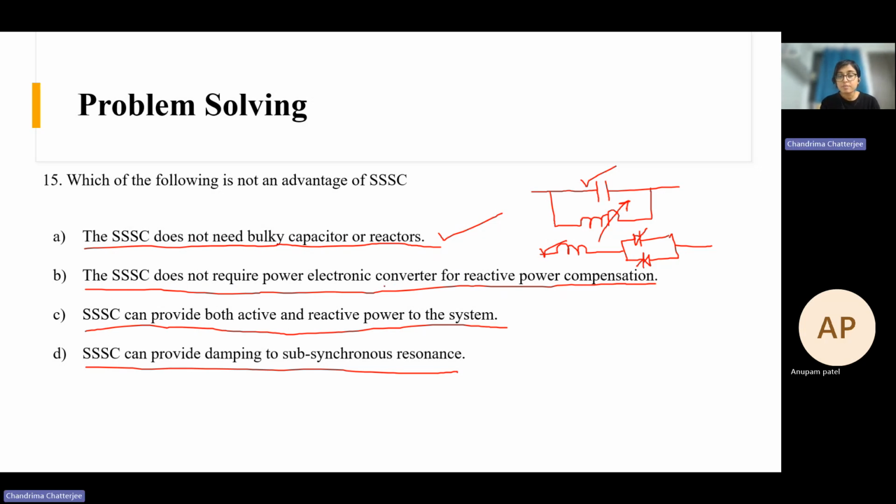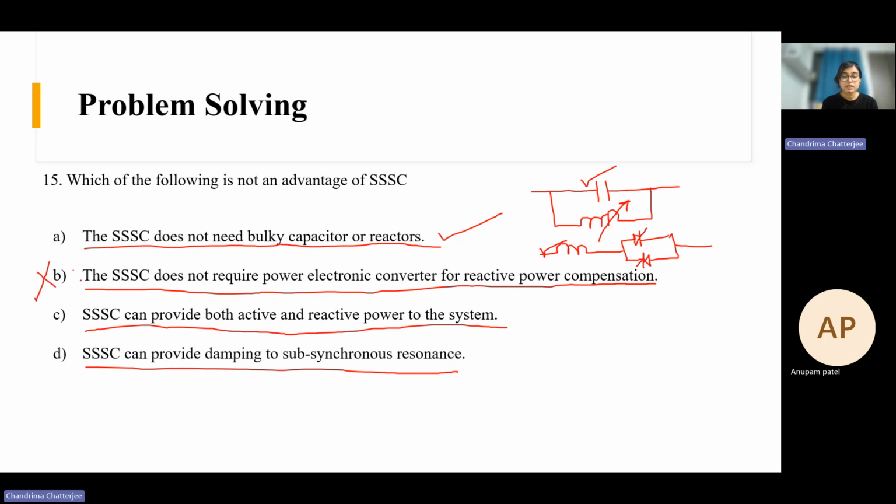SSSC does not require a power electronic converter, but this is false because we need a power electronic converter, right? SSSC can provide both active and reactive power, that is true. SSSC can provide damping to subsynchronous resonance, that is also true. So option B is correct.